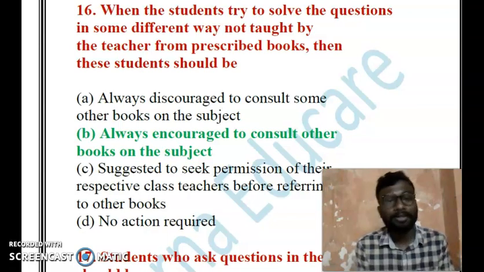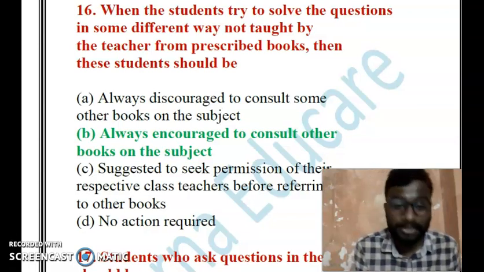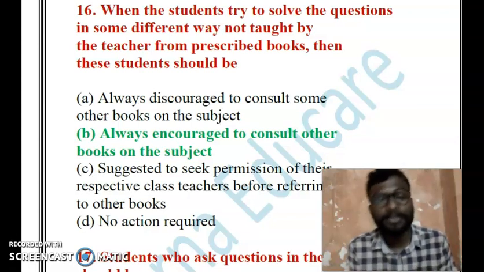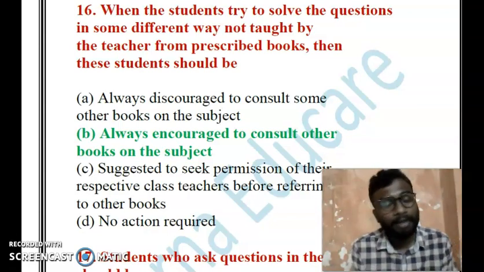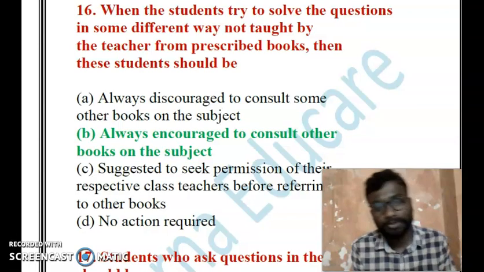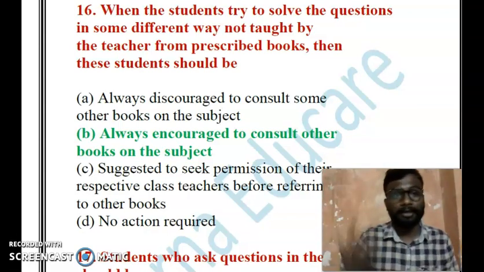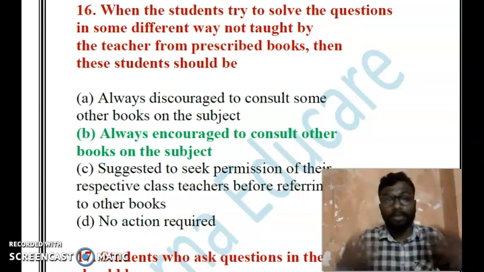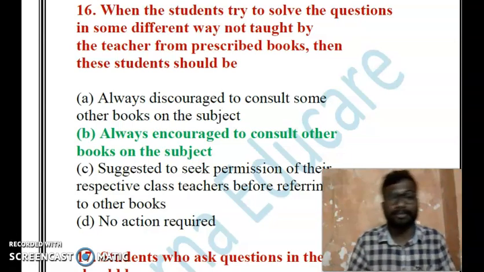So, as a teacher, whenever a student is in a position to solve the questions in different formats, apart from our teaching techniques, we should encourage our children to refer to many books on the subject, so that he will be in the domain of good learning, right? Yes, we should not discourage, we should encourage, right?